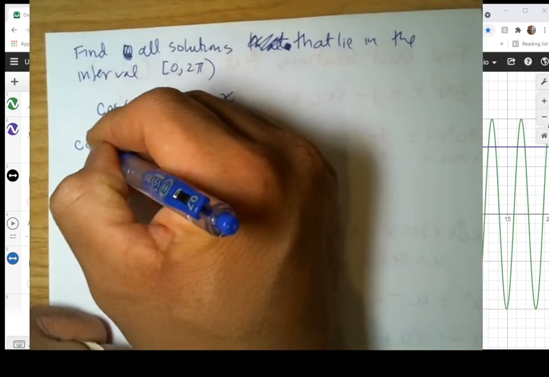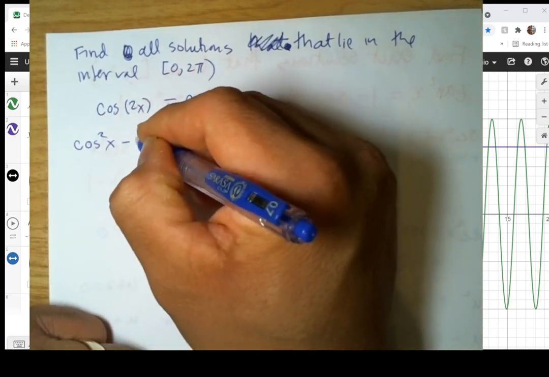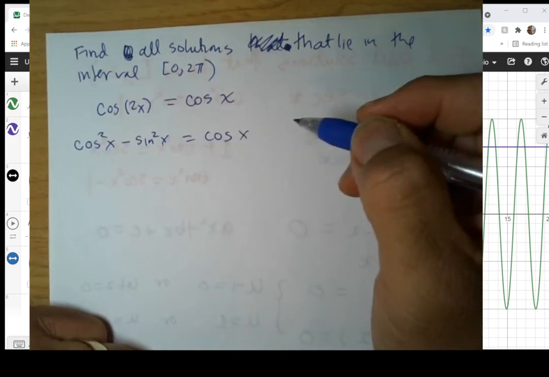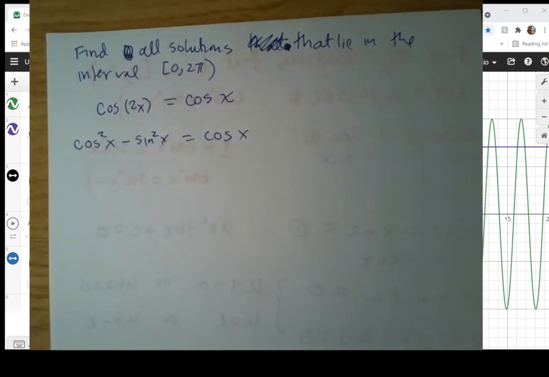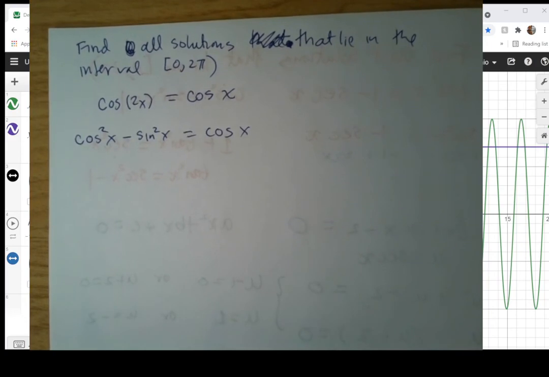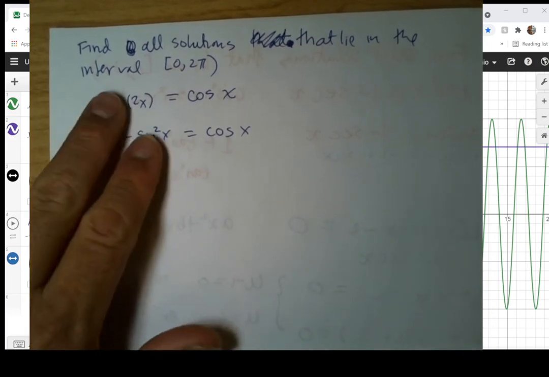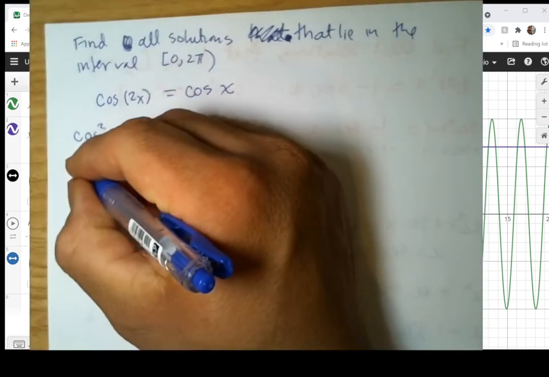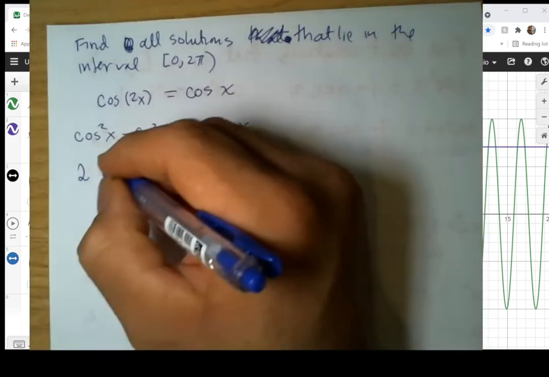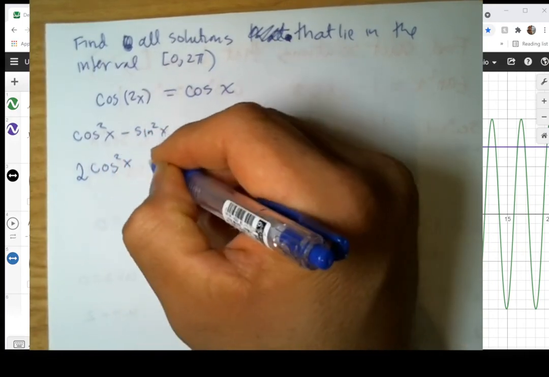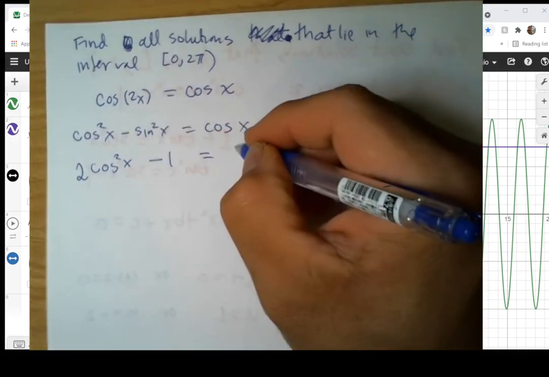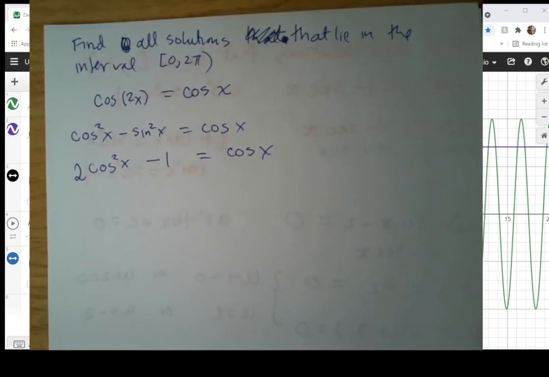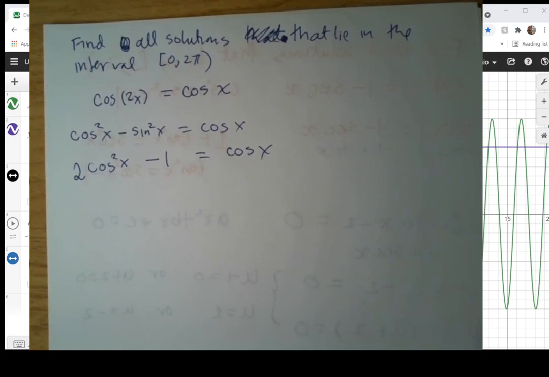Here, one identity is this one, but I don't like this one, because now I have introduced a sine squared of x. But there are alternate forms of the double angle for the cosine. There's one that is strictly in cosine squared x. So I don't like this one, but I do like that one: 2 cosine squared x minus 1 is also cosine of 2x.